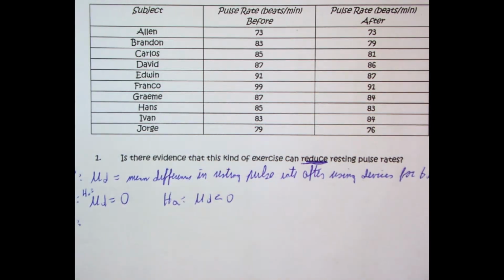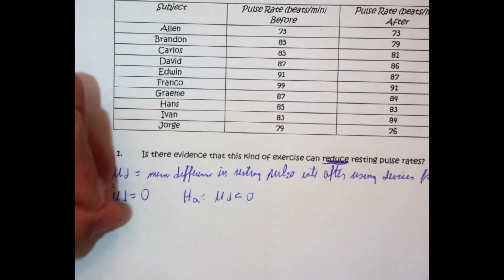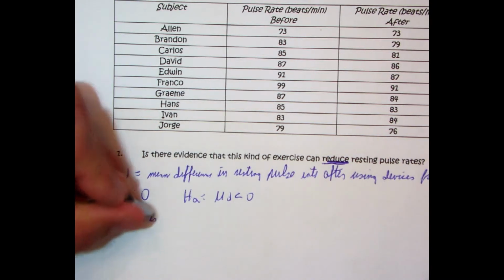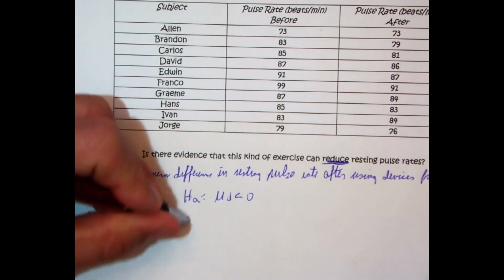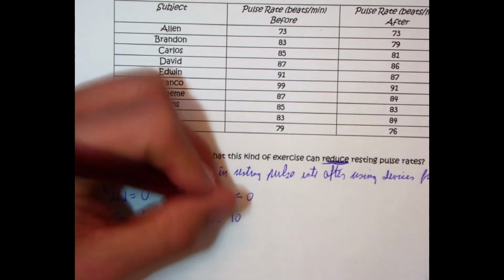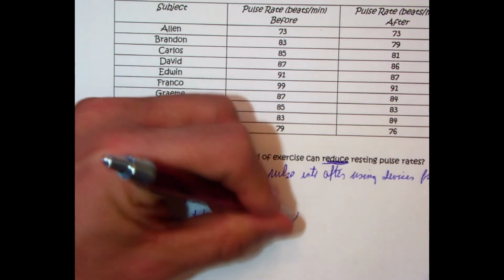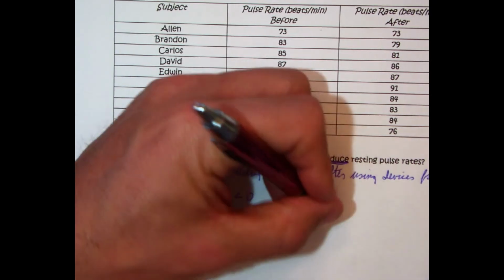Our assumptions and conditions. Okay, these 10 men volunteered, so we're going to say that the sample is representative. 10 men is less than 10% of all men.